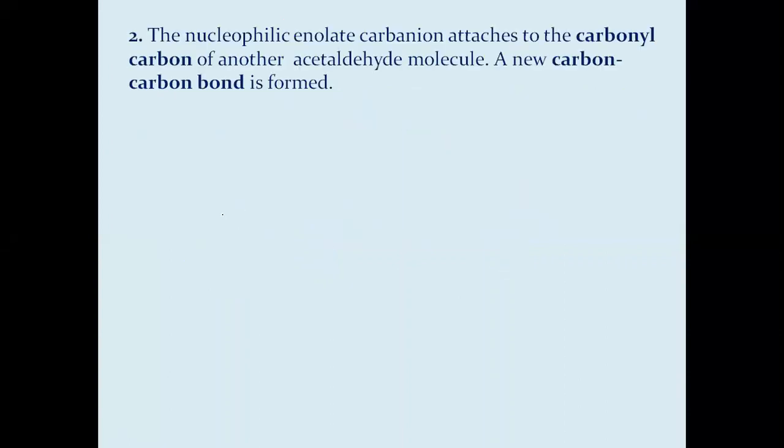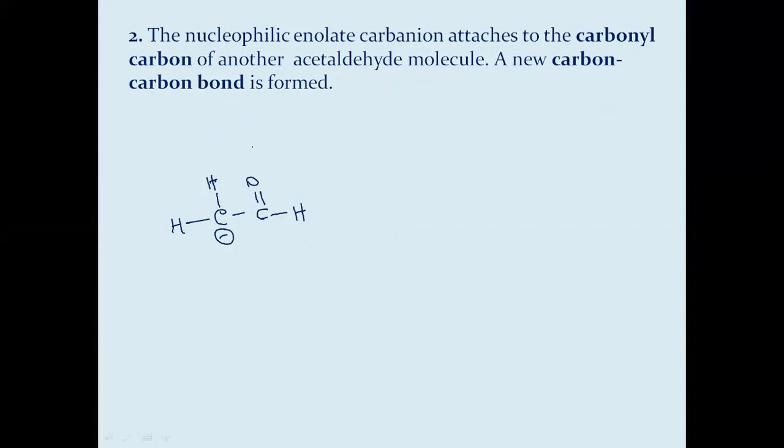What happens? We know that now we have the enolate carbanion because of the abstraction of one of the alpha hydrogens. So the second step is that the nucleophilic enolate carbanion attacks the carbonyl carbon of another acetaldehyde. We know that aldol condensation is the combination of two aldehydes, or two ketones.